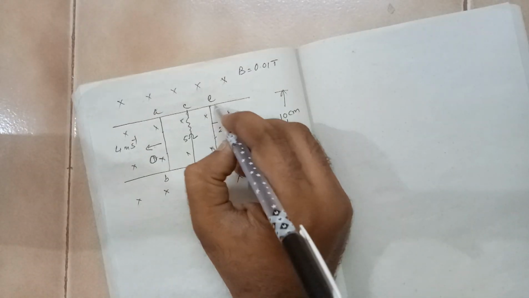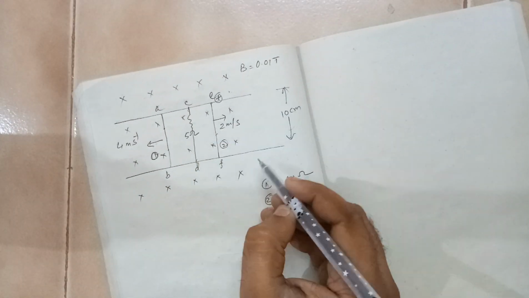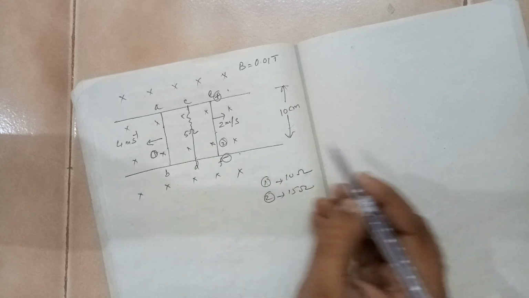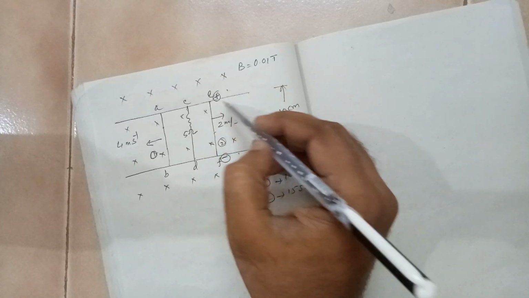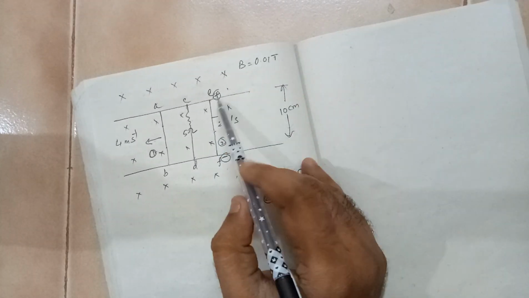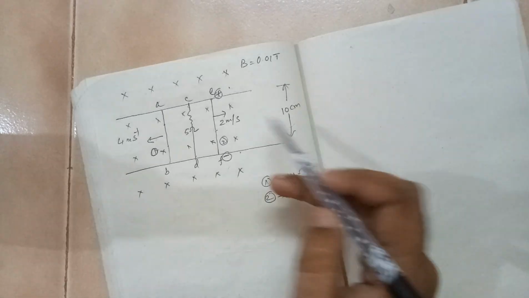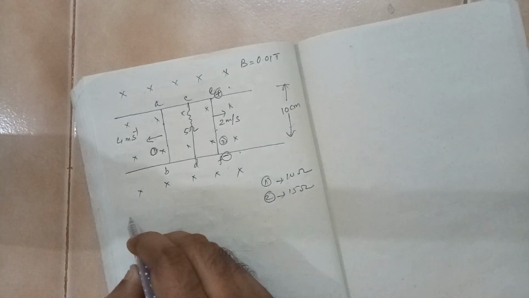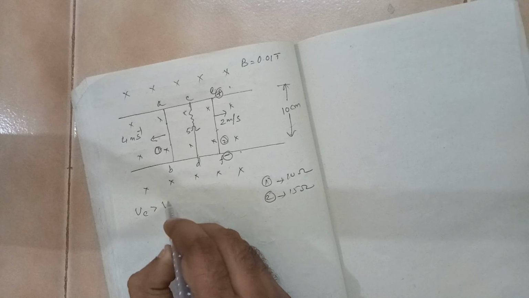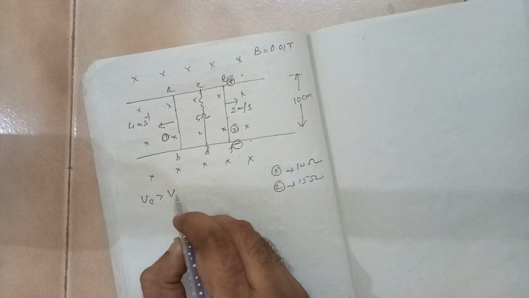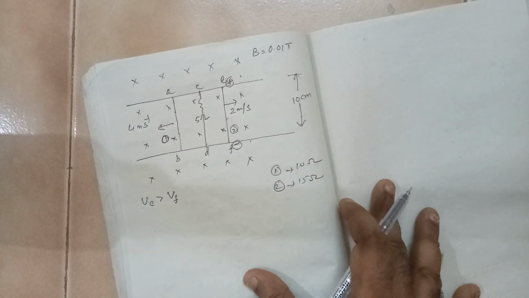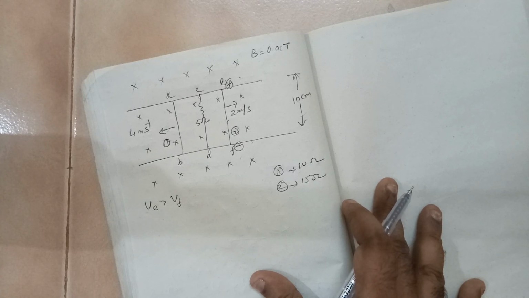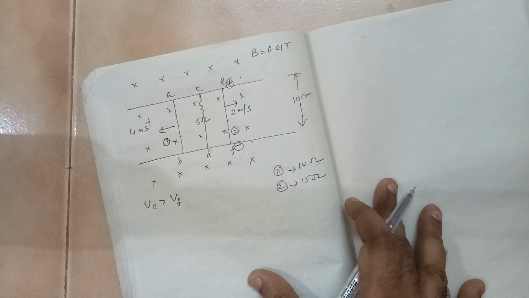So that means the positive will be this side and negative will be this side. So here there will be a potential difference, VE will be more than VF.